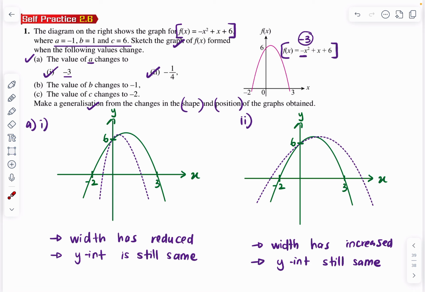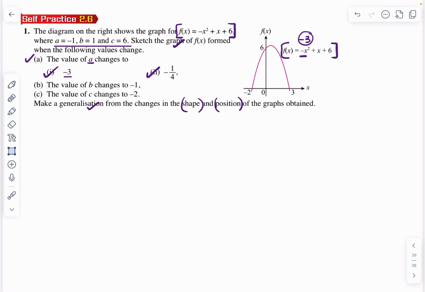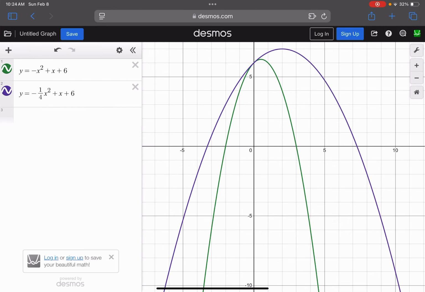Okay, let's look at B. The value of b changes to -1. So a is the same, but b changes to -1. Our original b was 1, we are changing it to -1.